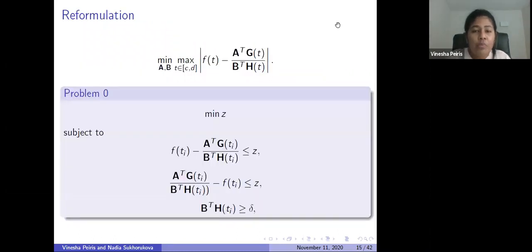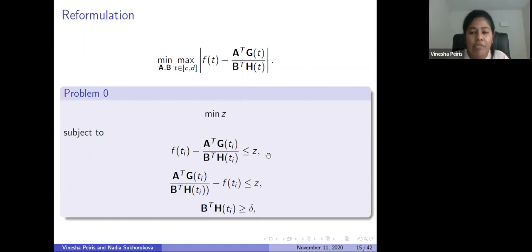Before I move on to the bisection algorithm, I have to reformulate my problem a little bit. I take the maximum deviation to be this variable Z, and since the denominator is positive, we can multiply each term by the denominator, so the direction of the inequality will not change.